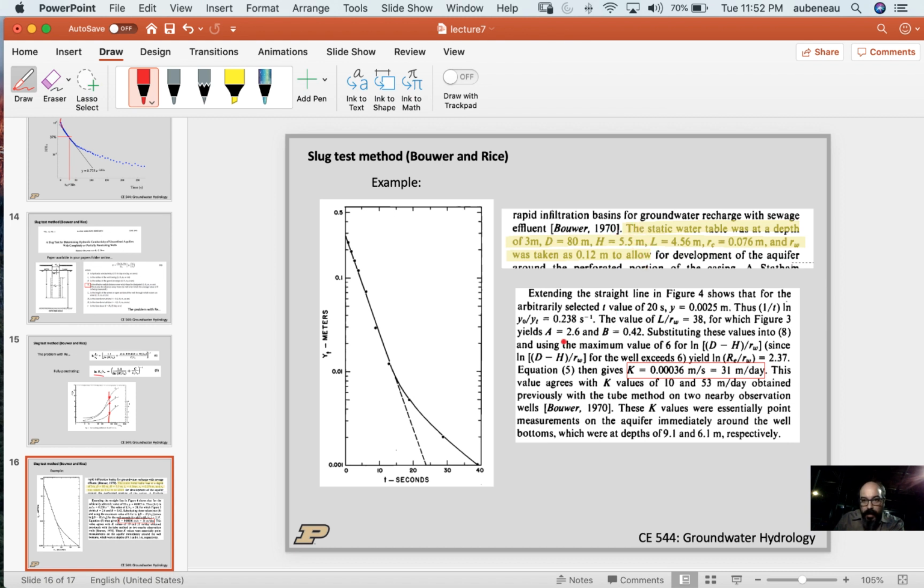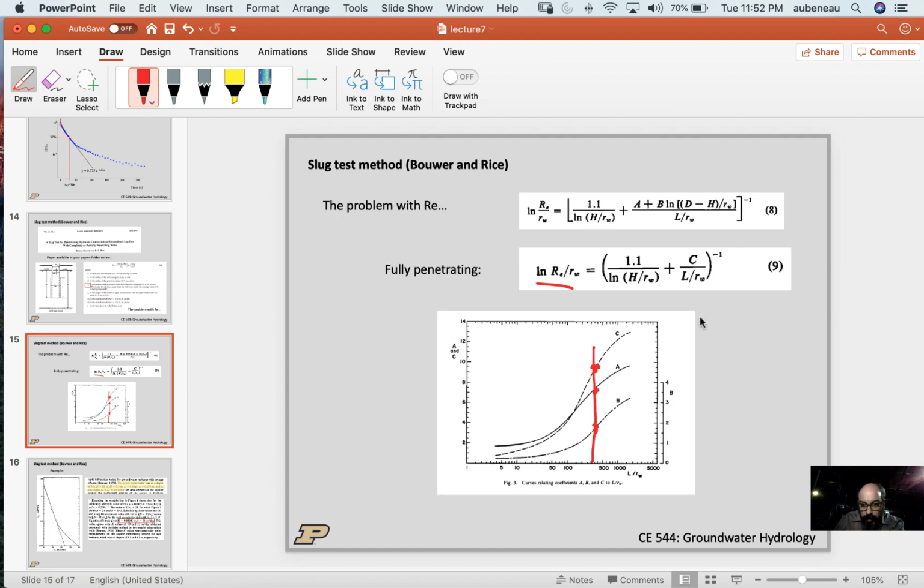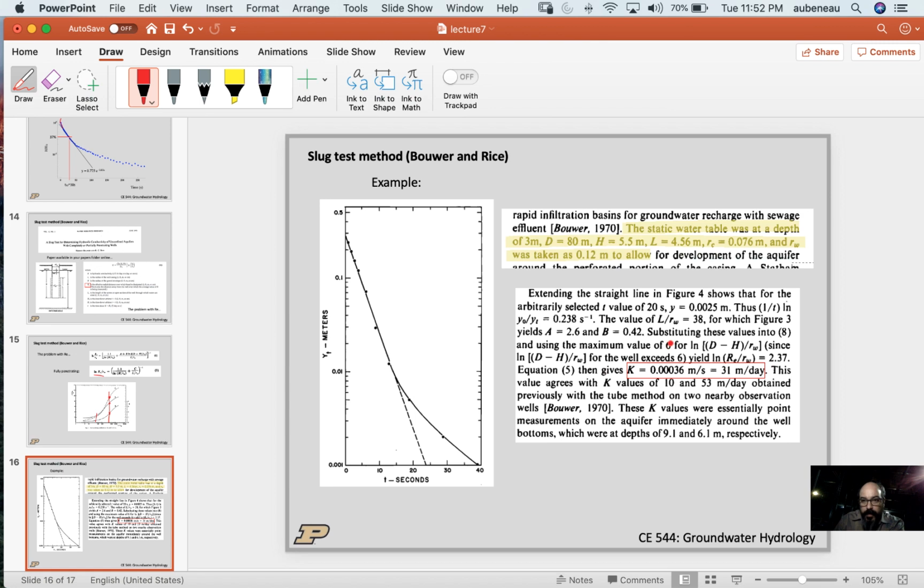Then you extend the straight line, you find the slope basically, and then again the value of L over RW is 38. So now you go back to your L over RW, right, is 38, so we're somewhere down here, right? So from here we go read the value of those weird constants here, which are given here, A and B. Then you can substitute that into equation 8, like I said before.